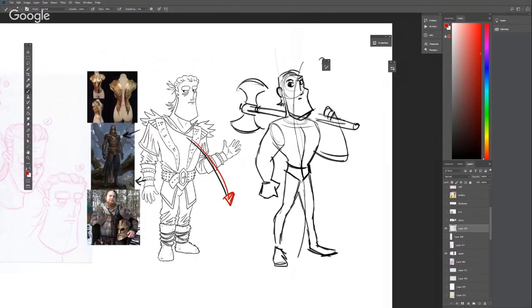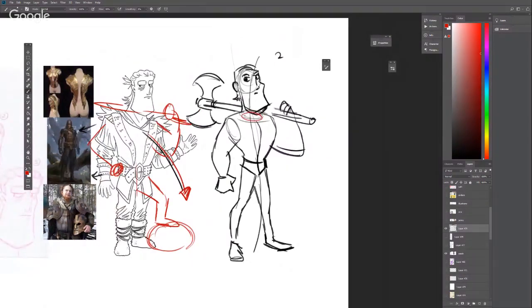Maybe you can put his leg on something like this, on, I don't know, maybe a big rock or something. And story-wise, if he's a warrior, he has some weapon, and maybe he has his hand like this. And the other thing is, think of that construction. Think of how his body is drawn.